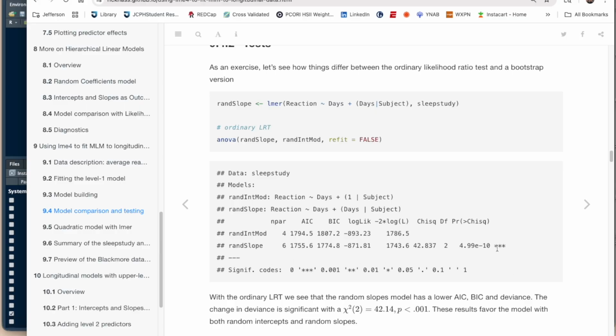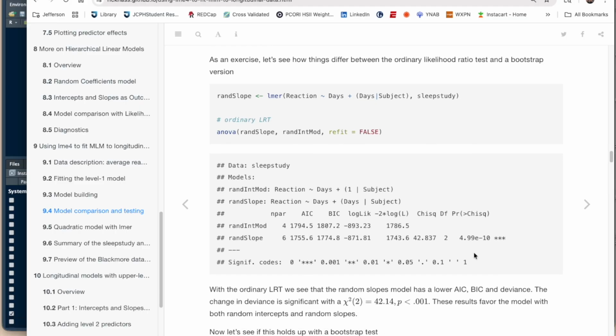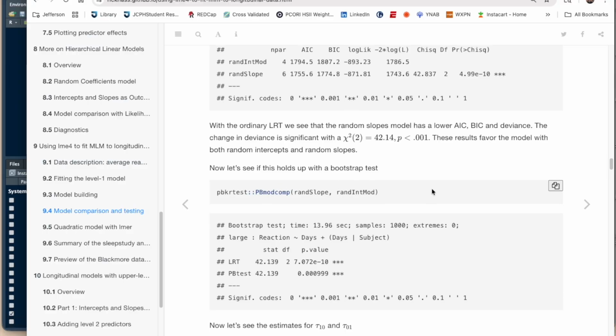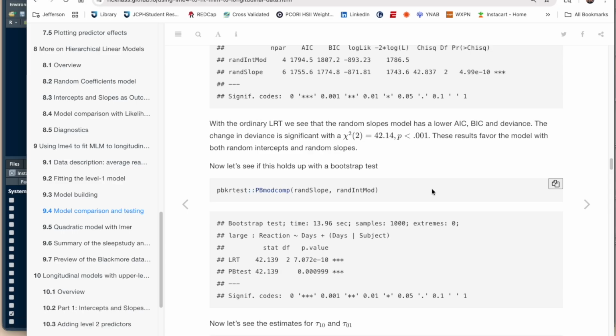If we really want to be thorough, we could try the parametric bootstrap. So remember, what the parametric bootstrap is doing is we take the model that we're interested in, and we essentially resample a null model and run a number of likelihood ratio tests, and then basically we figure out how many of those were significant, and we put that out as the p-value.